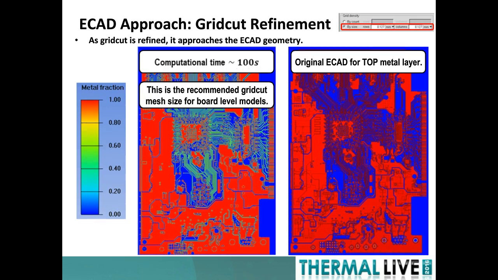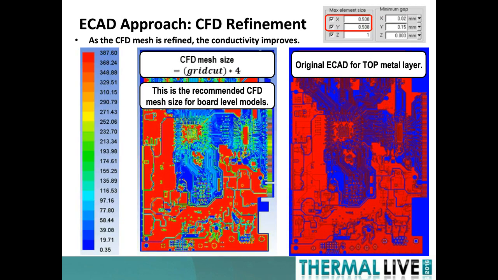And it took about 100 seconds to calculate the metal fraction for this board. You can compare the metal fraction on the left from the grid cut calculation to the original geometry on the right. Additionally, as the CFD mesh is refined, the conductivity improves.